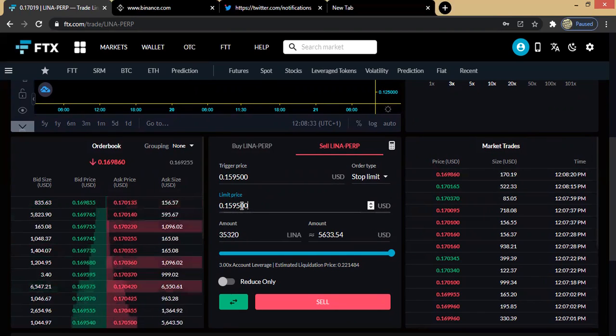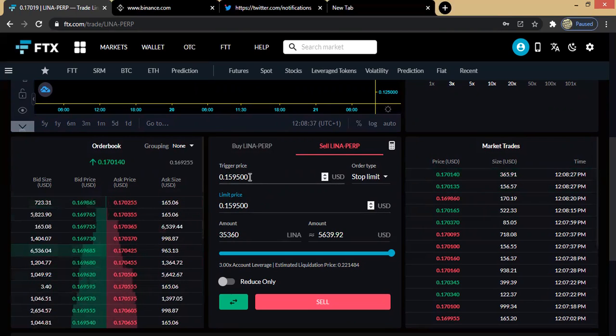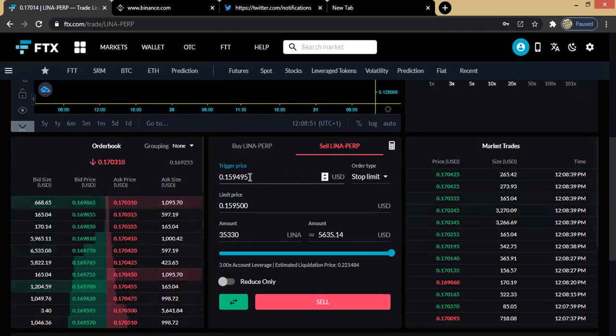This is where you're going to place it, but your trigger price has to be a bit higher, not much. It shouldn't be more than 5 digits higher. We have 500 here, you could use 490 or 495. That's just a difference of 5 digits, so it doesn't have to be so spaced.